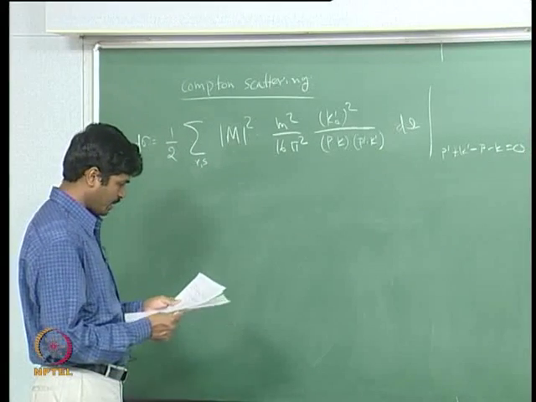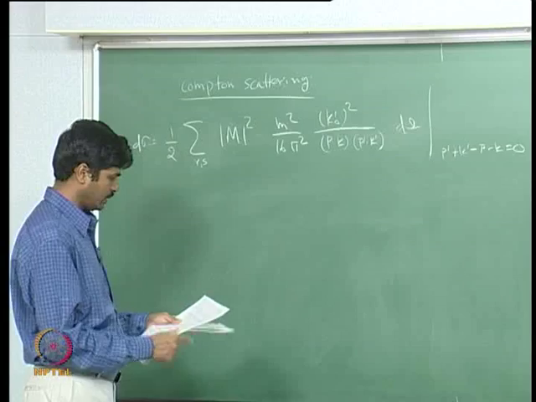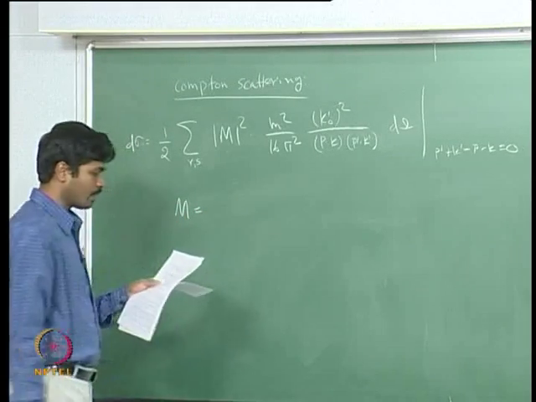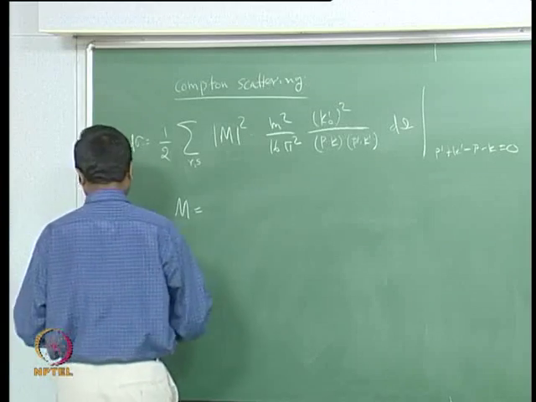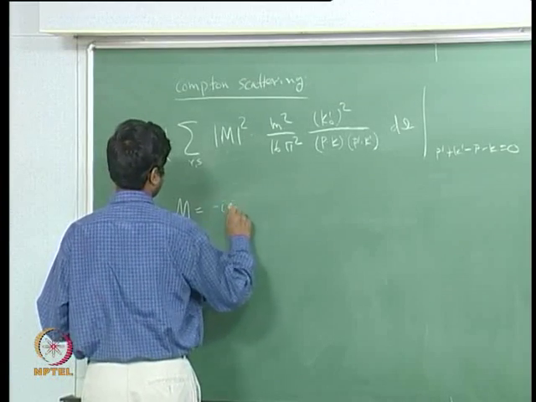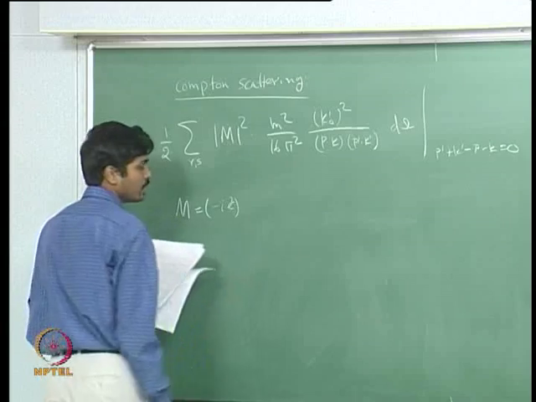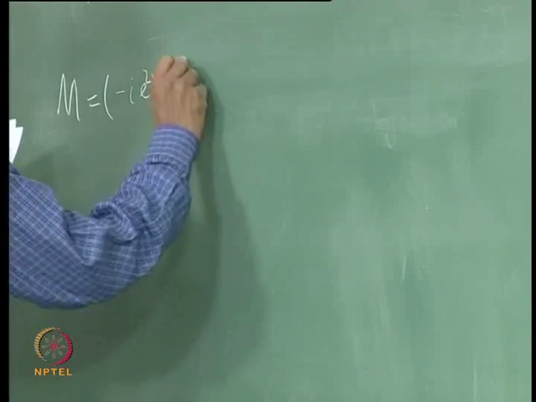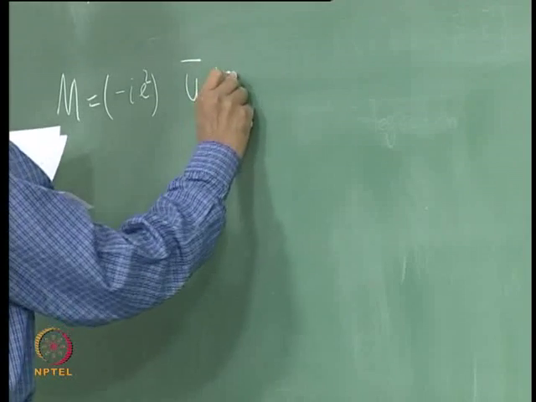So, what is m? M, if you remember from the last lecture, is minus i e square u bar r p prime.